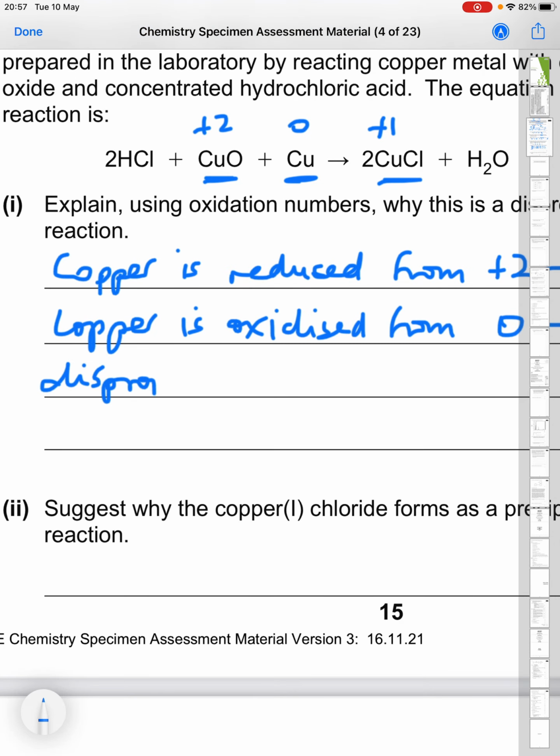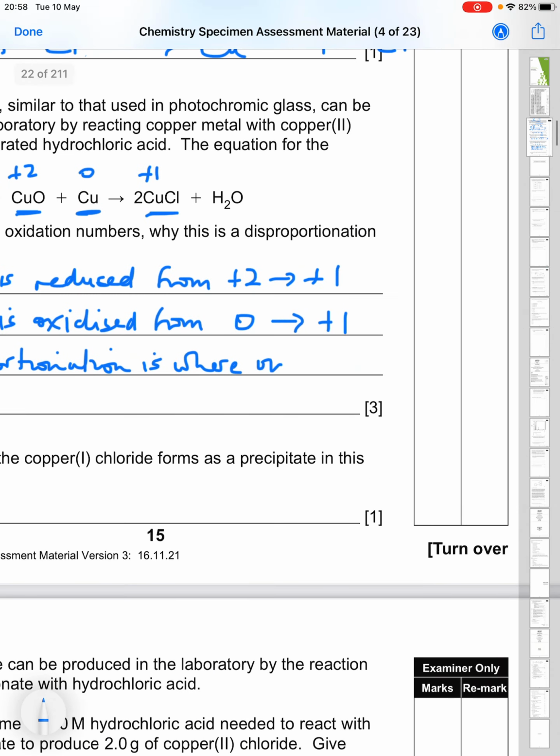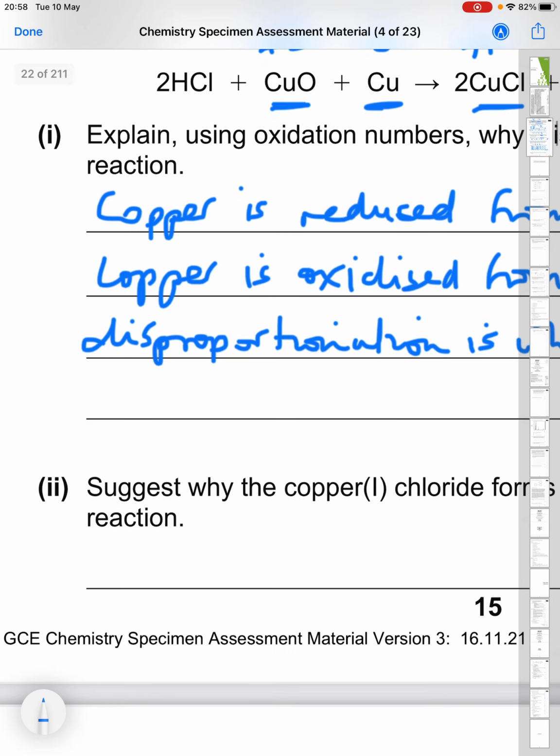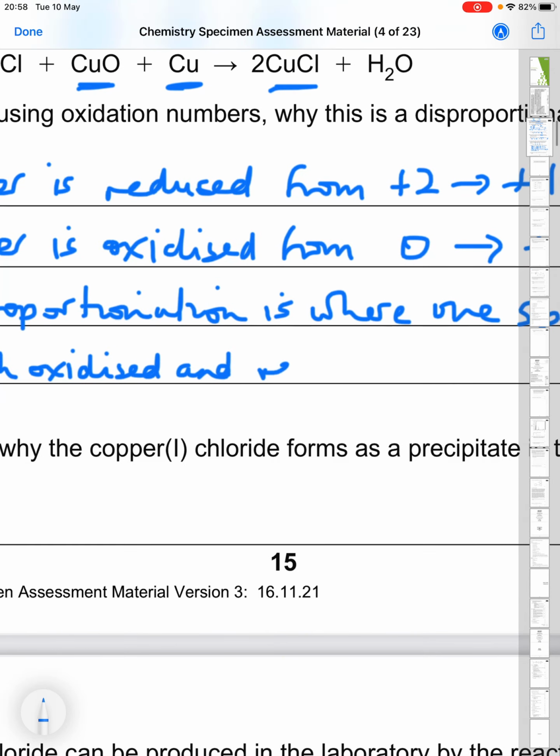And then to say that disproportionation is where one species is both oxidized and reduced in the same reaction.